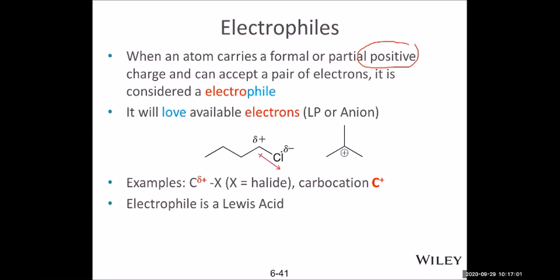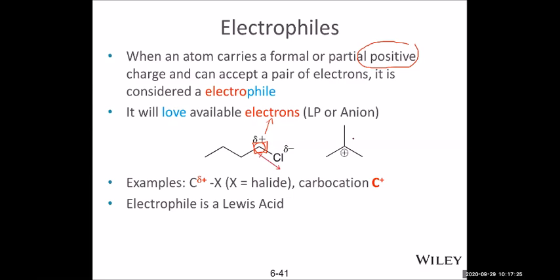In organic chemistry, for example, this carbon, because it is bonded with the highly electronegative chlorine, has a partial positive charge. So this carbon is an electrophile. It attracts a negative charge or lone pair.